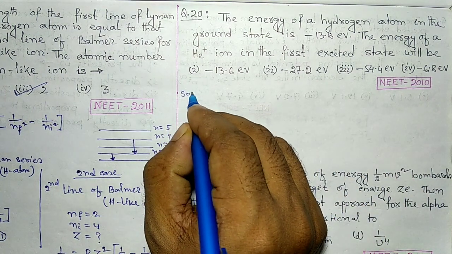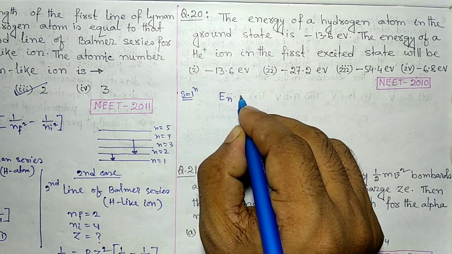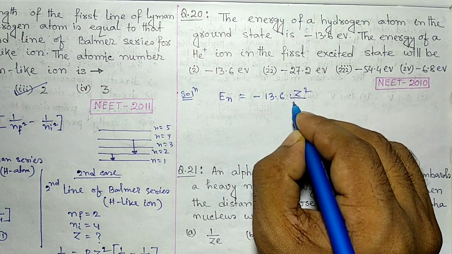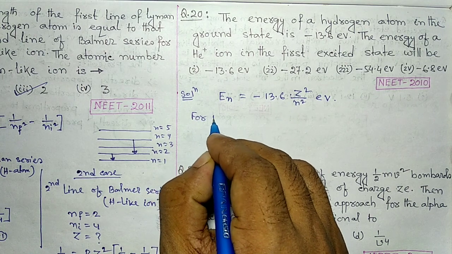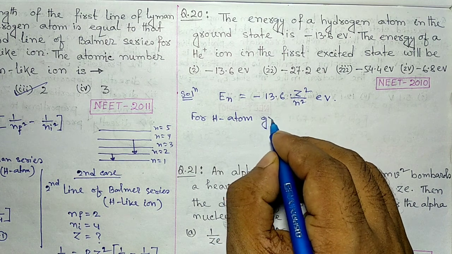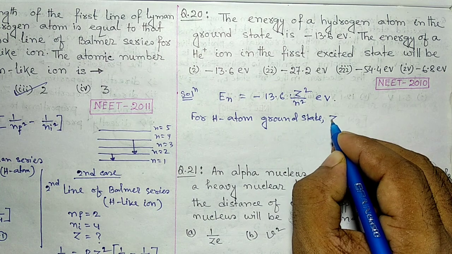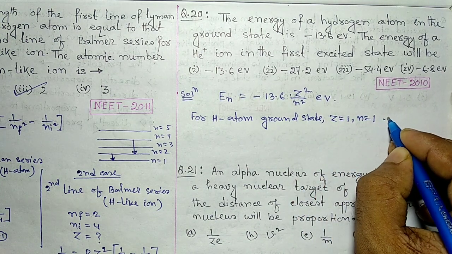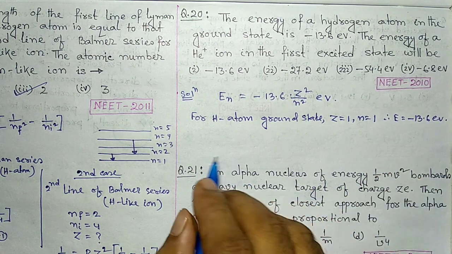So we know energy En is equals to minus 13.6 Z square by N square electron volt. For H atom ground state, Z is equals to 1 and N is equals to 1. Therefore, E is equals to minus 13.6 electron volt.